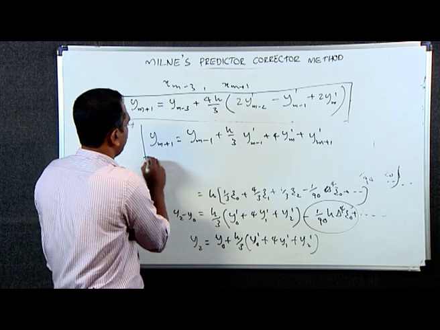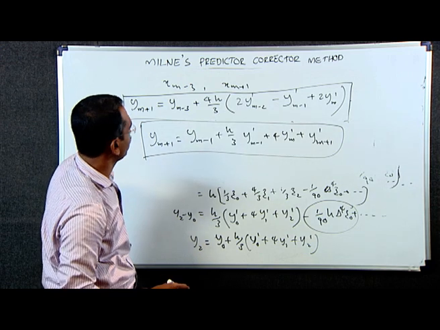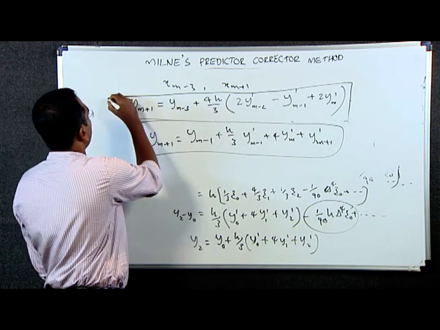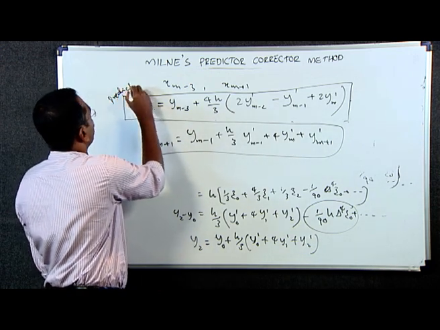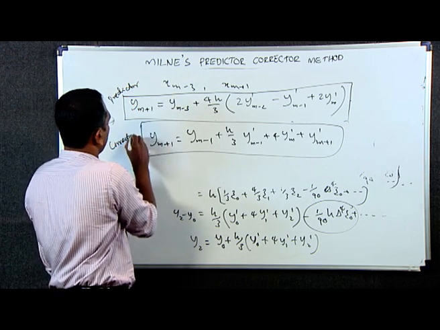This formula is known as the corrector formula. The first one is predictor, Milne's predictor formula. This is Milne's corrector formula.